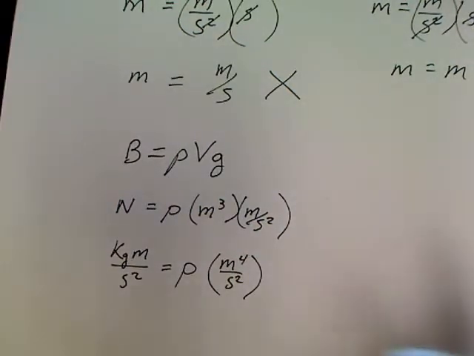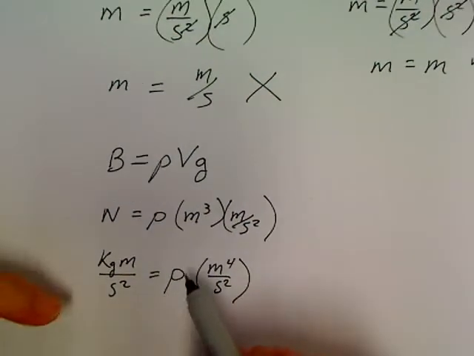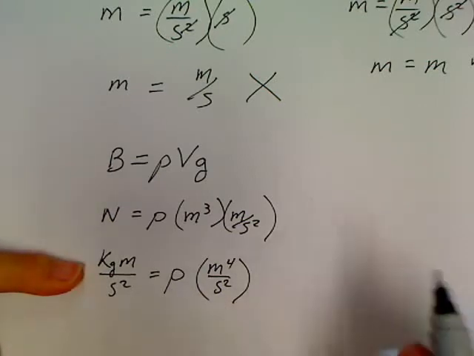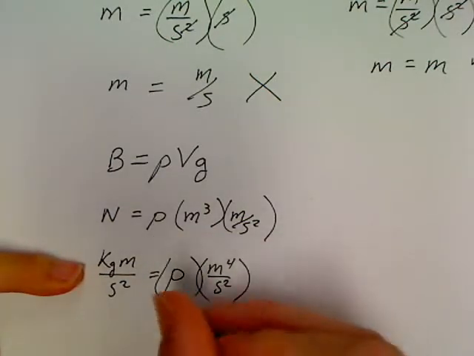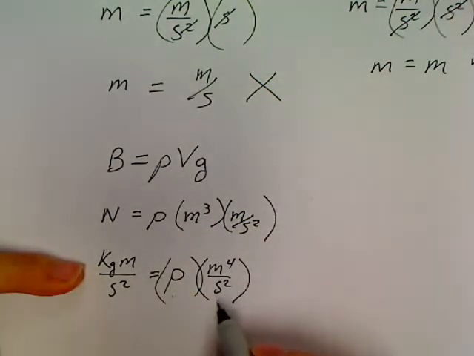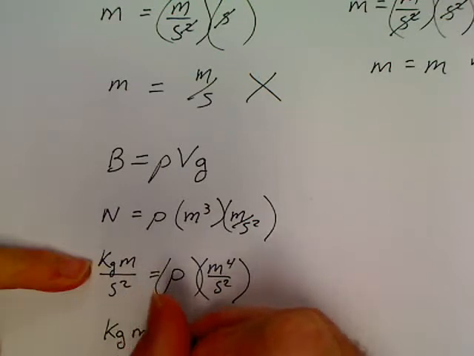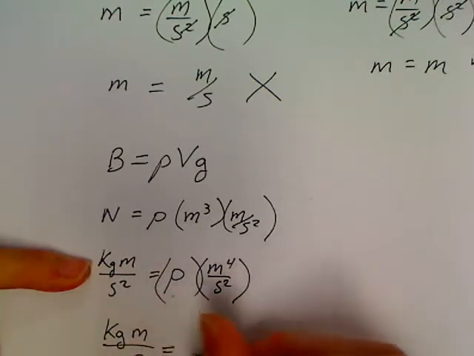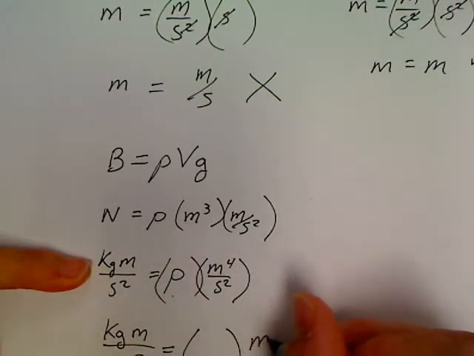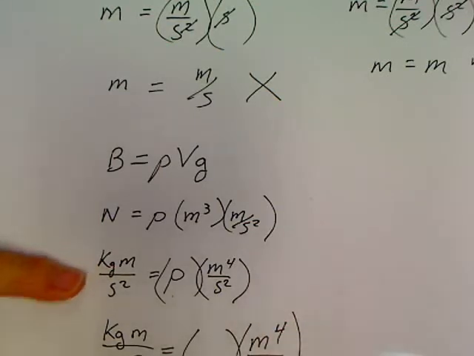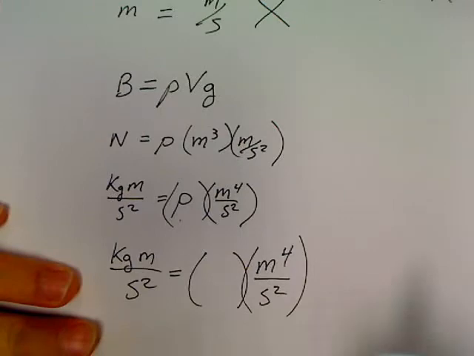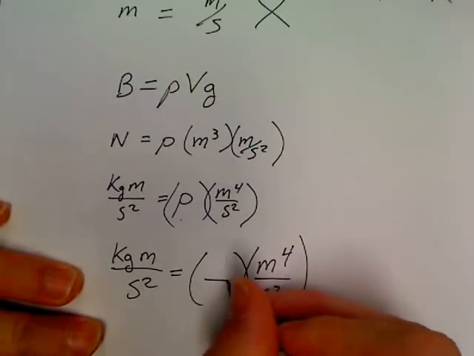For this equation to work, whatever unit this rho is would have to cancel this side out to kg m per s squared. So kg m per s squared equals something times m^4 per s squared. What unit would this have to be?